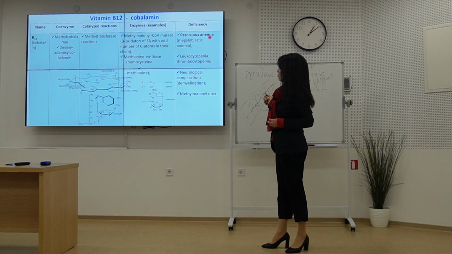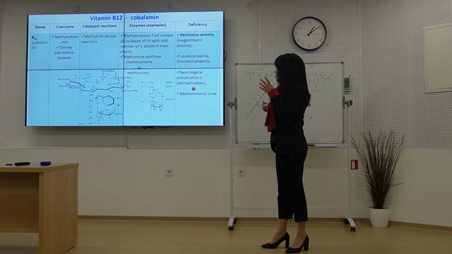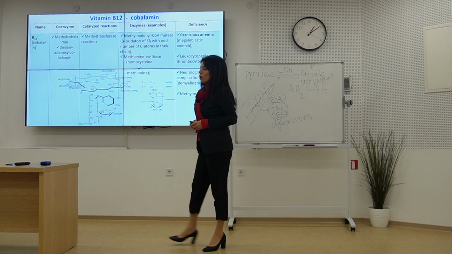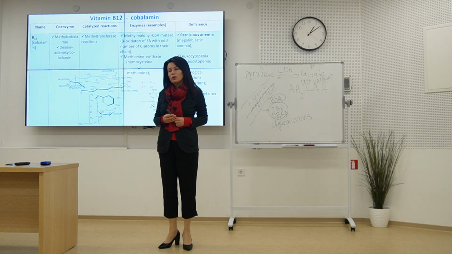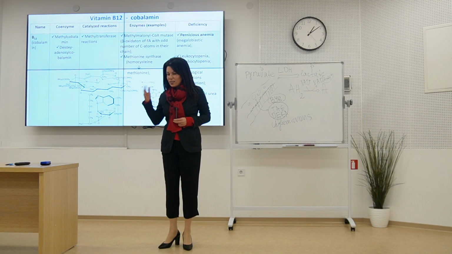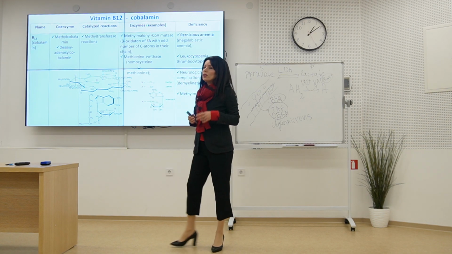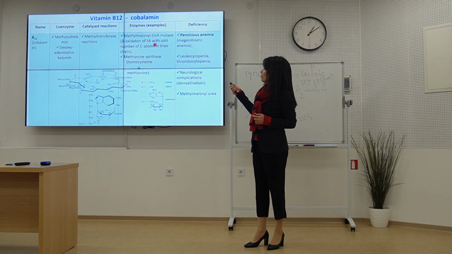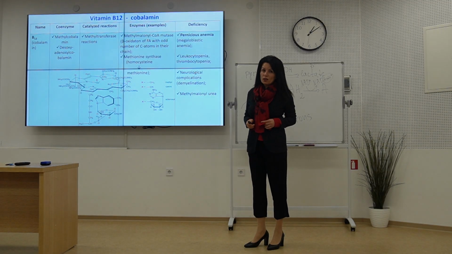Pernicious anemia is the first one, or megaloblastic anemia, leukocytopenia, thrombocytopenia, neurological complications with demyelination, and a high level of one compound which is called methylmalonate. But you'll see when we talk about beta oxidation of fatty acids with an odd number of carbon atoms.